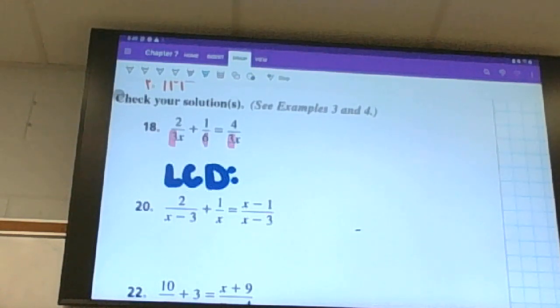So when I look at 6 and 3, 3 goes into 6 and 6 goes into 6. So I'll pick 6. And then there's also an x present, so I'll pick 6x. Okay? 12x would work fine. If you pick too high a number, it's okay. If you pick too low a number, that's when you won't be able to finish. But 6x works.